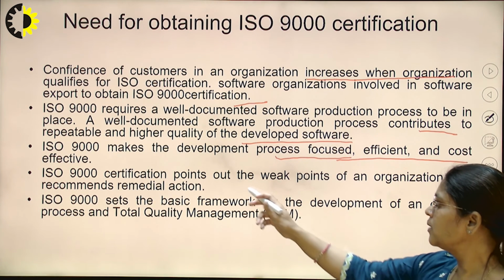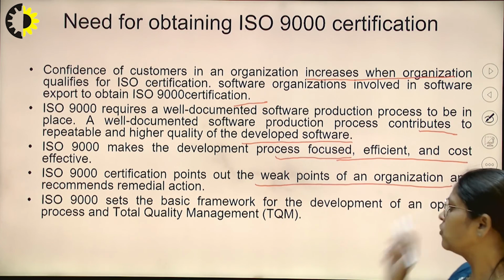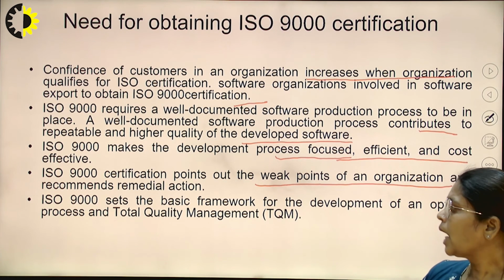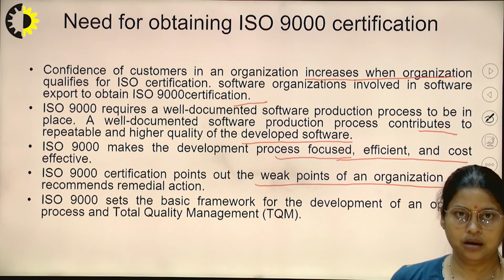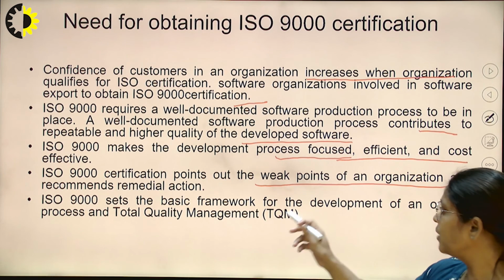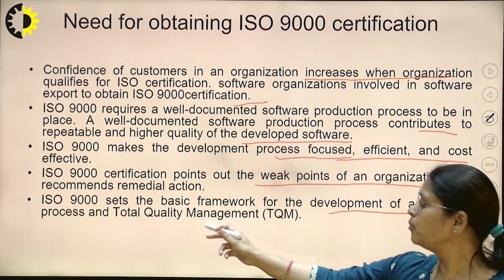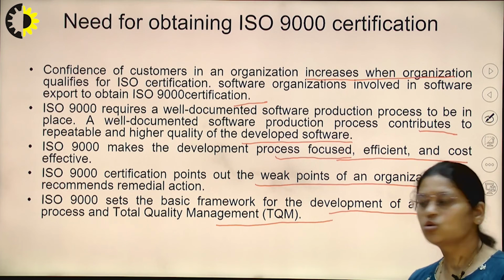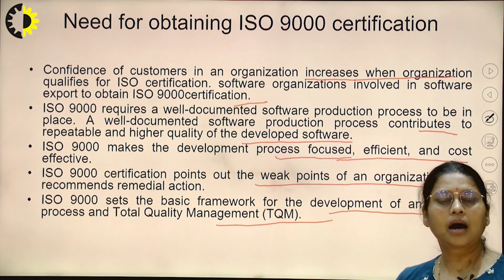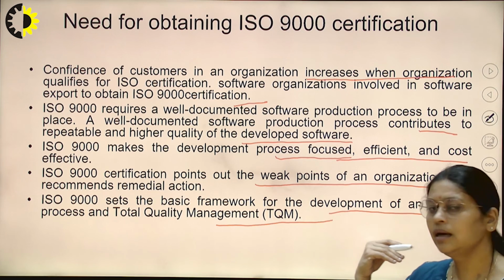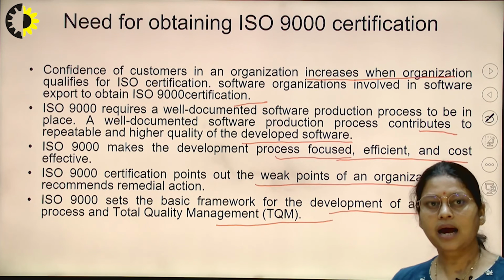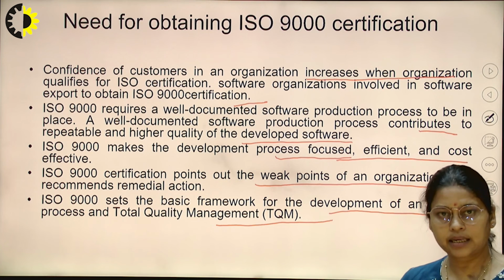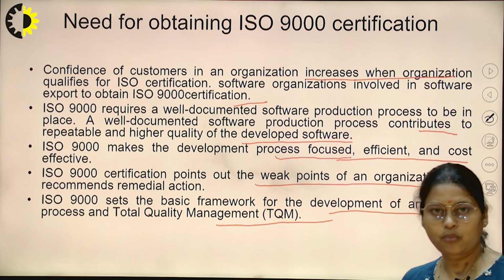ISO certification also points out the weak points of the organization and recommends remedial action. And ISO 9000 sets the framework for the development of an optimal and total quality management system. So by getting this ISO certification, we can easily convince that we follow all the quality processes and quality standards for product development.